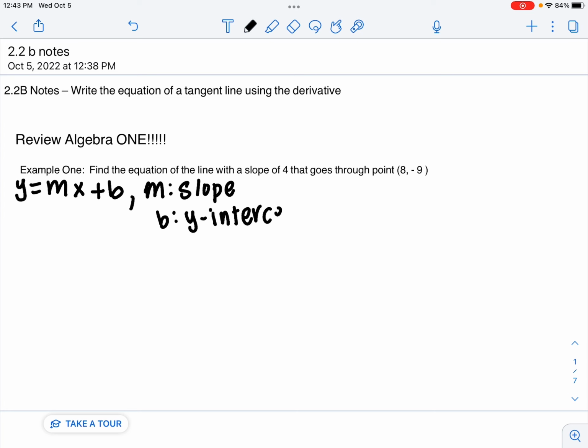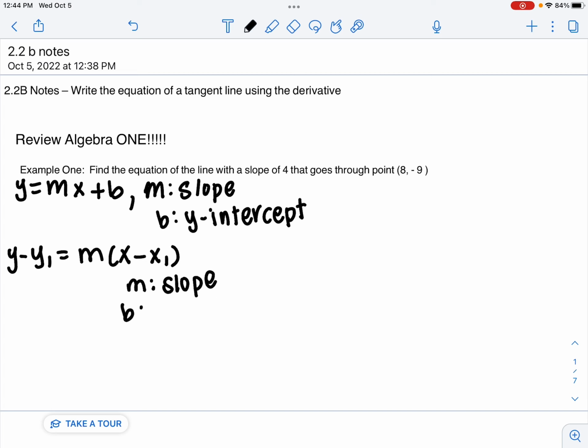But I want to talk about one more today, which is called point slope form. That's when you have y minus y1 equals m times x minus x1. In this equation, m is the slope, and (x1, y1) is any point on our line.